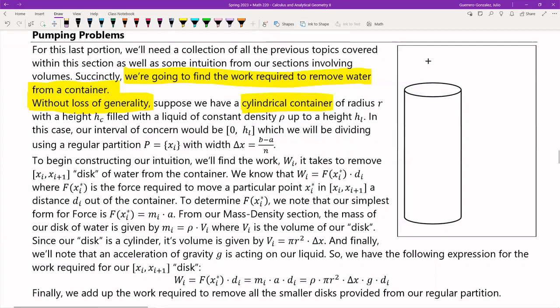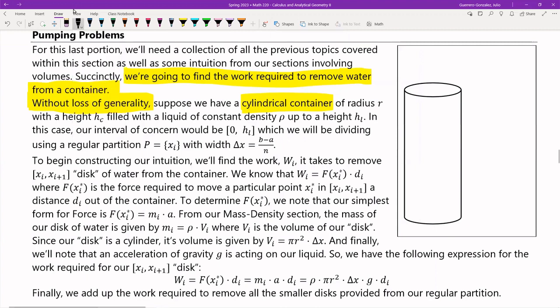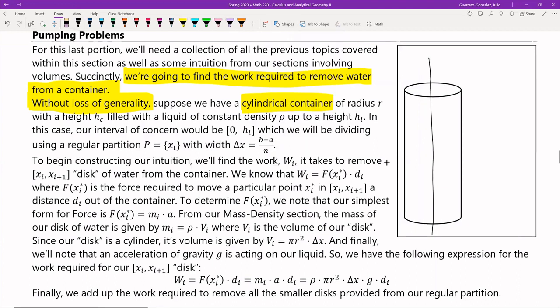I'm going to do an X and a Y, straight down the middle that way, and straight across.